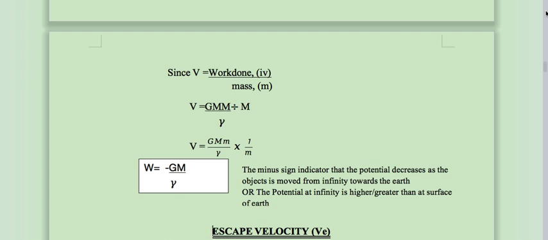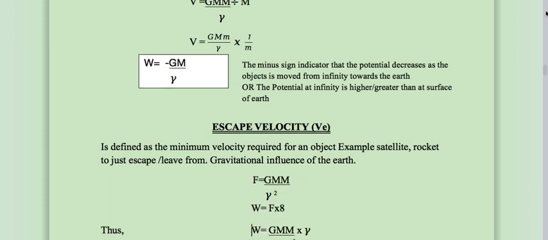Now, quickly, let's look at what we call escape velocity. What is escape velocity? This is defined as the minimum velocity required for an object, such as a satellite or rocket, just to escape or leave from the gravitational influence of the Earth.